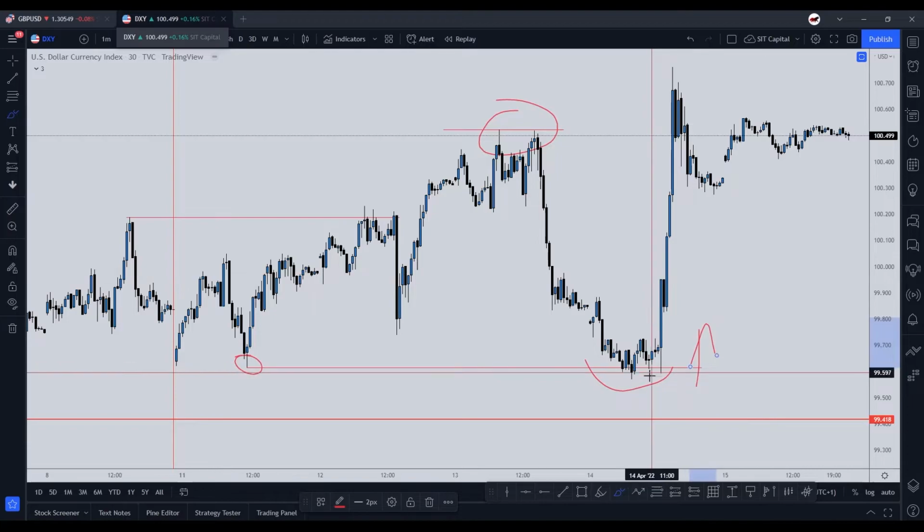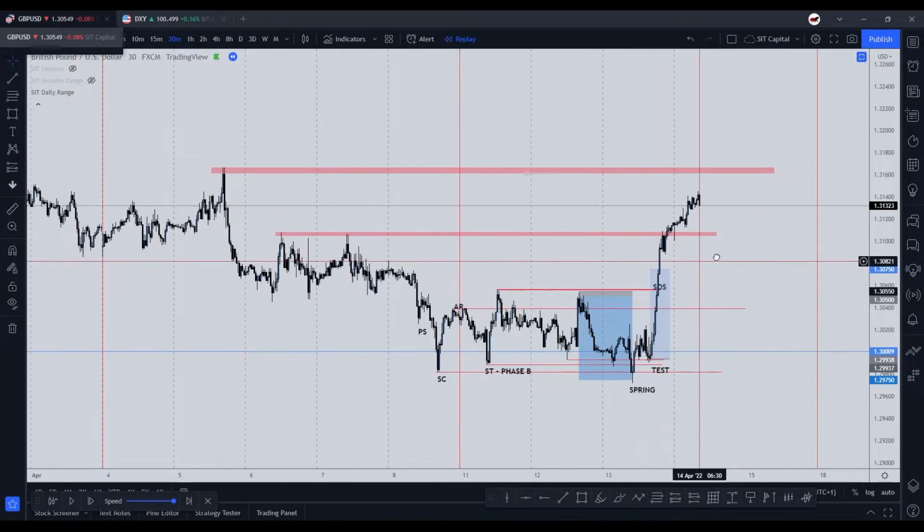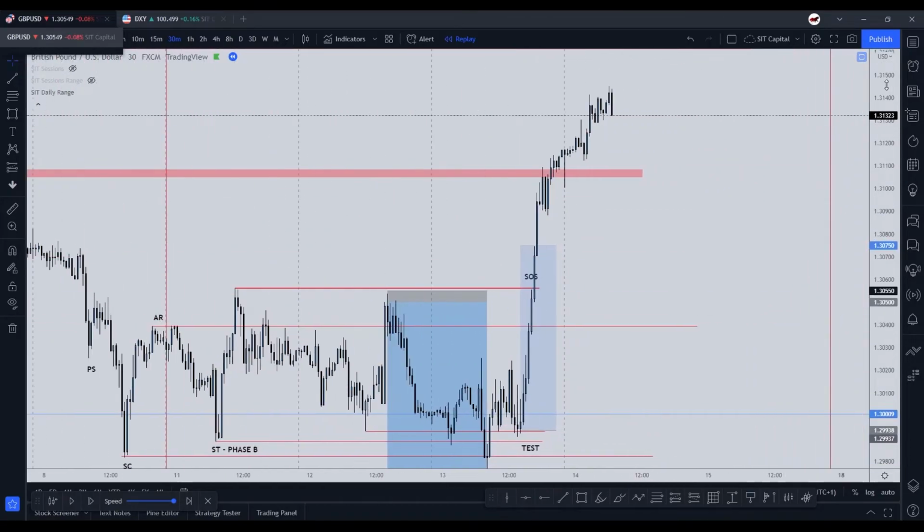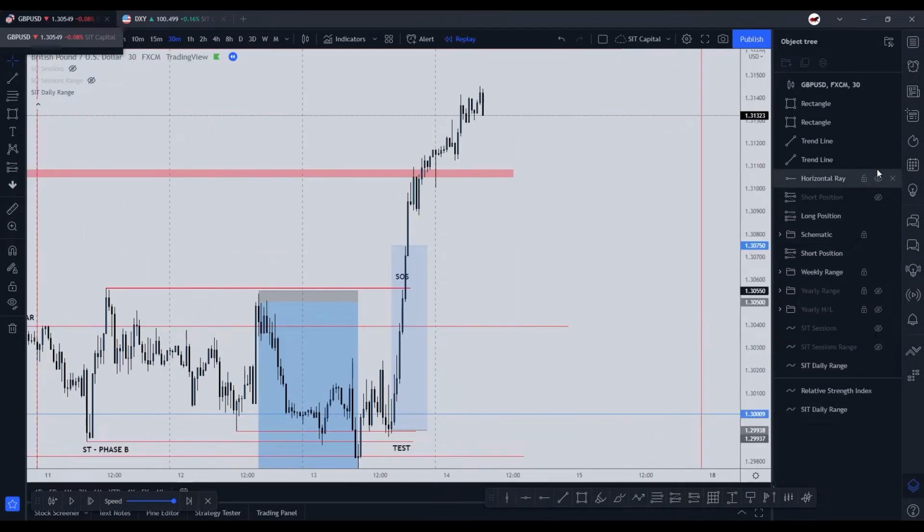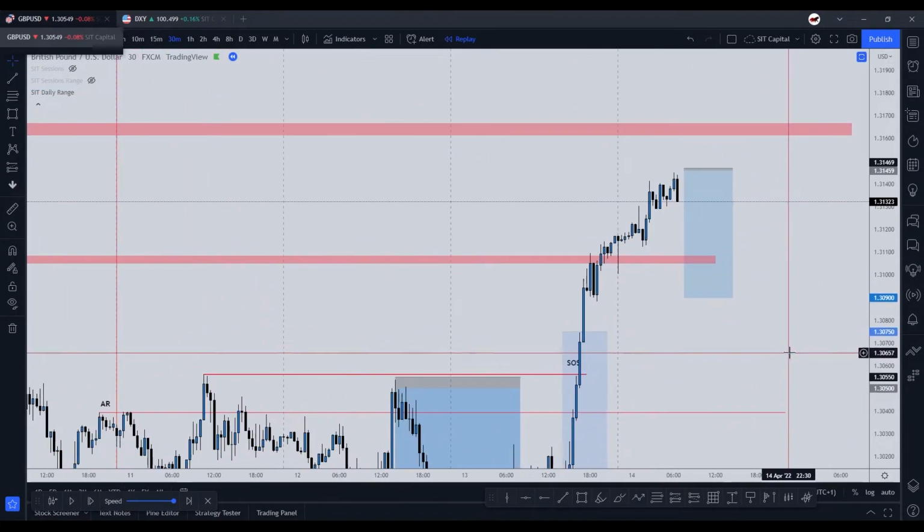The dollar bulls easily take price back into the highs, which then gave us the opportunity to take the third trade of this week, which was our short position from the highs.